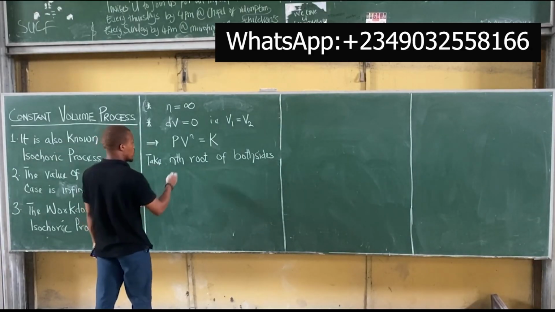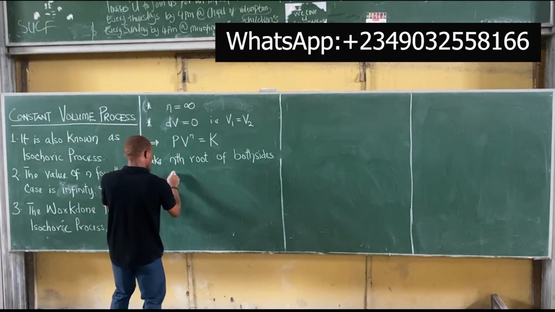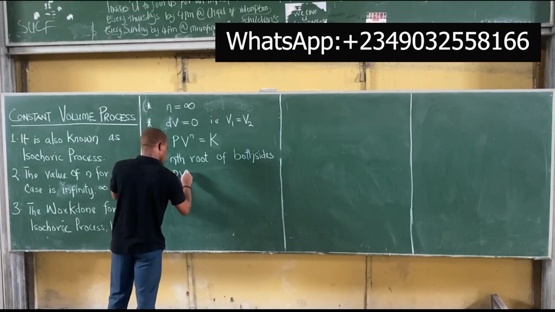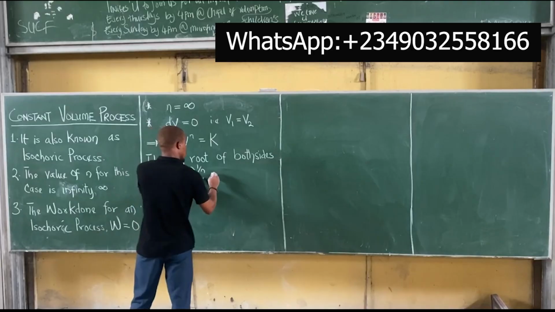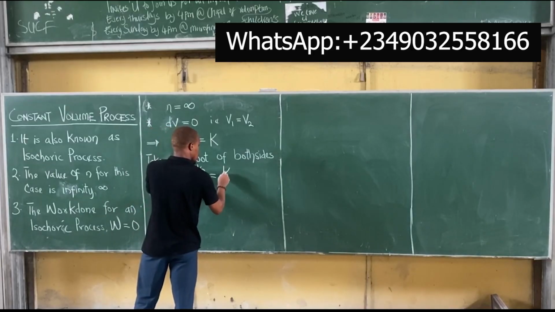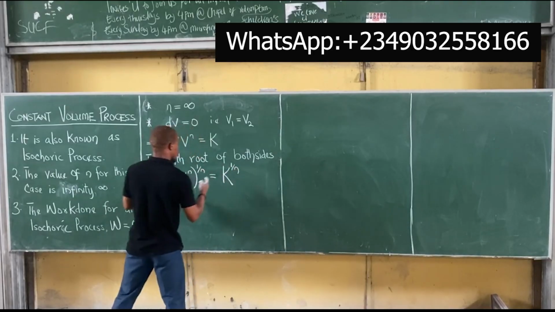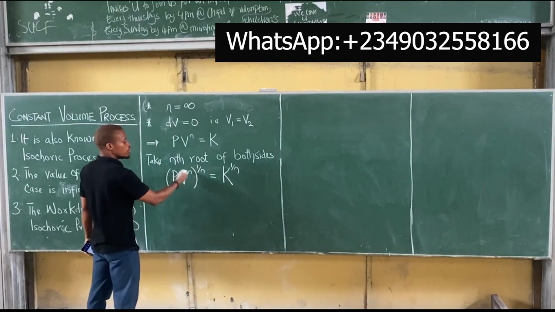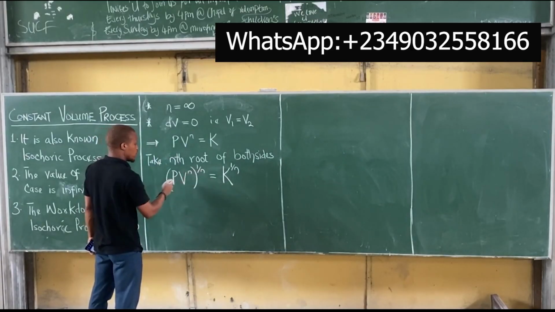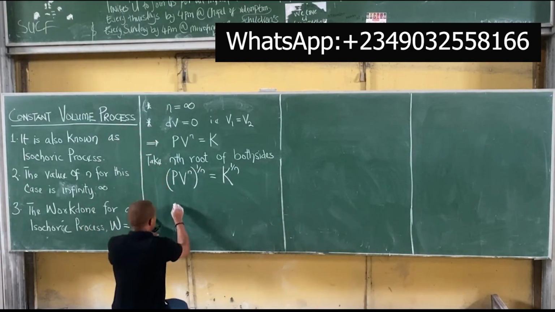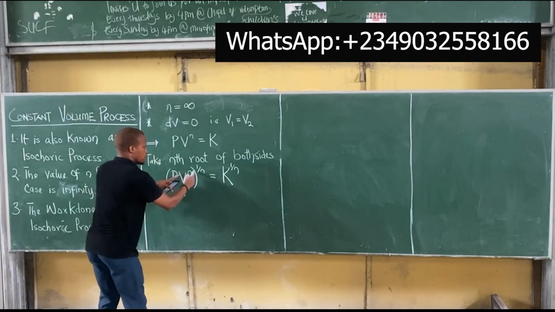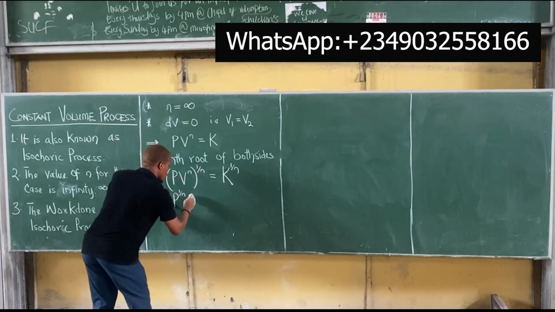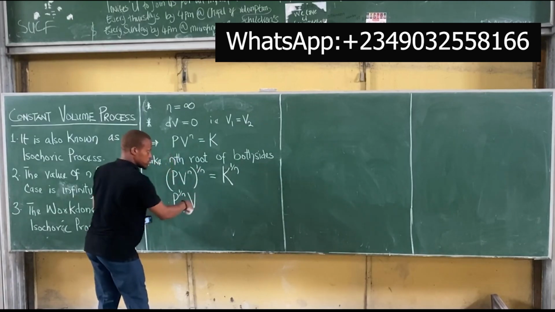So what do I have? I have that P V to the n, nth root of both sides, equals K raised to power 1 over n. This is saying we multiply all the powers by 1 over n. So I have P raised to 1 over n, and multiplying this by this, I have V raised to power 1.